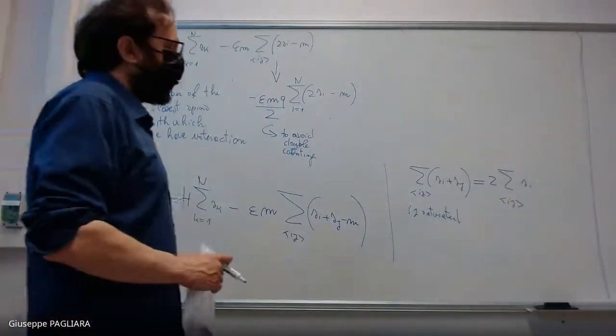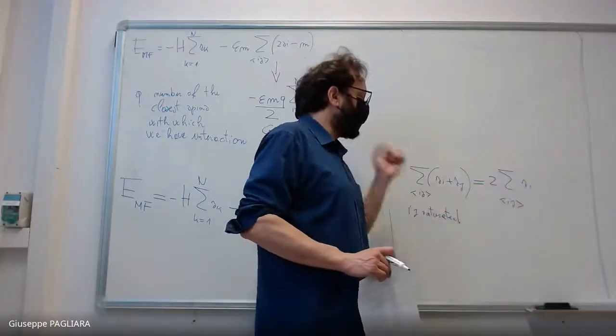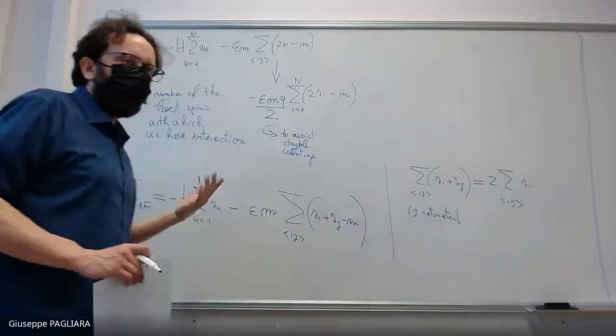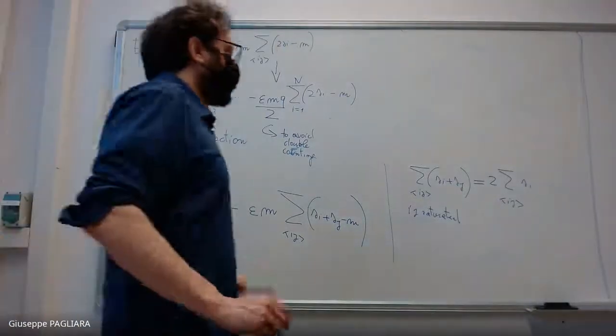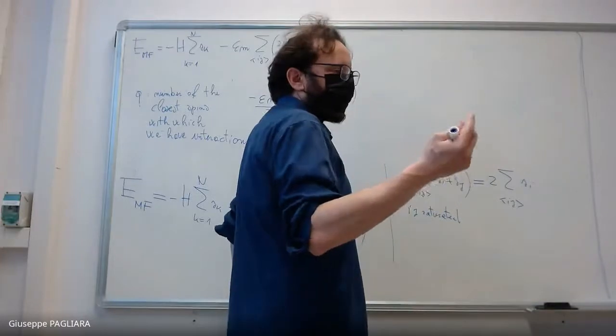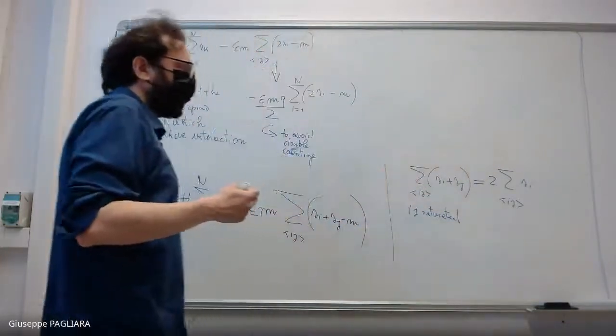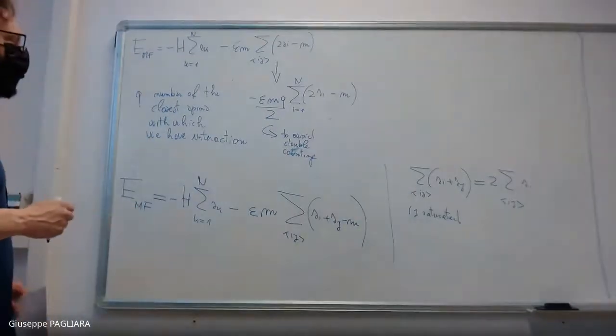Since here I'm running over i and j, and this expression is symmetric, the interaction Si times Sj is equal to Sj times Si. So I have to put a factor 1/2 to avoid double counting.